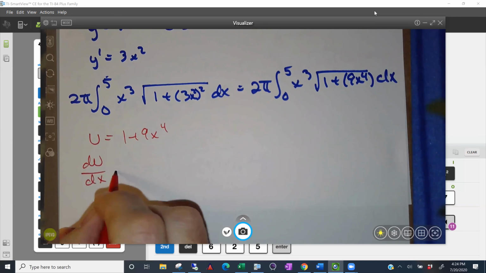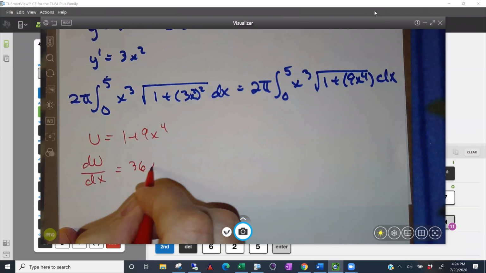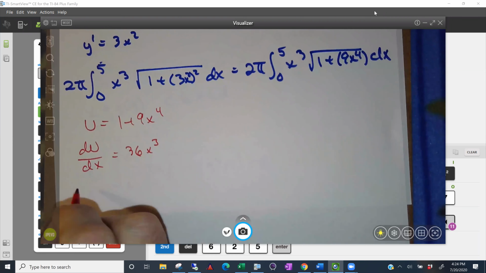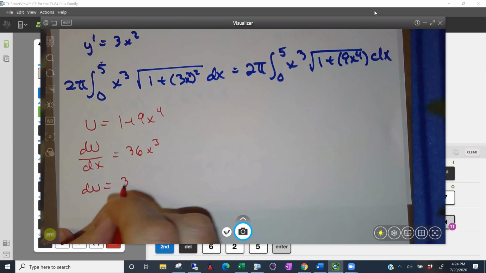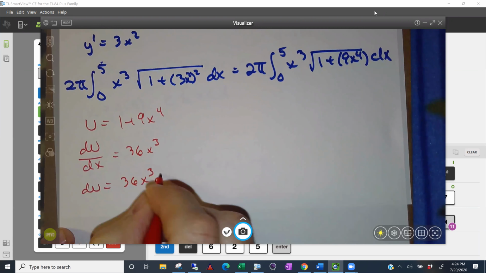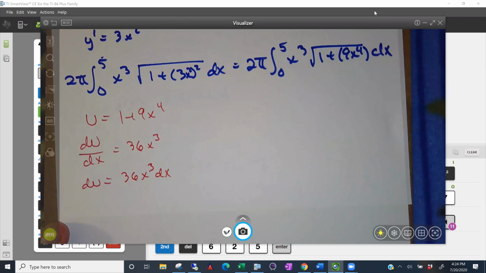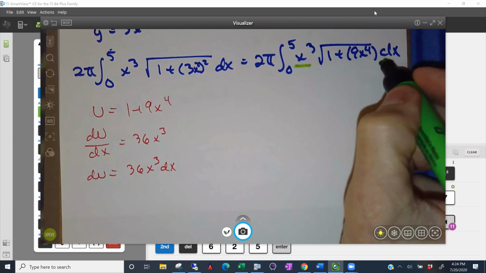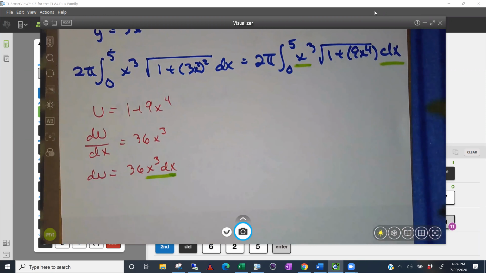Differentiate with respect to x, that's going to be 36x cubed. So du equals 36x cubed dx. And that's looking pretty interesting because I've got an x cubed dx in my integrand.